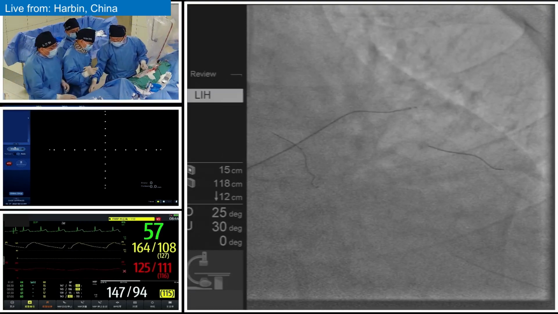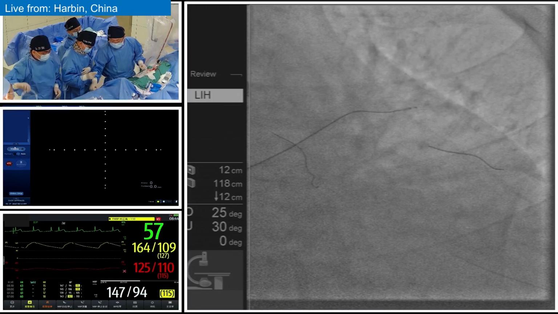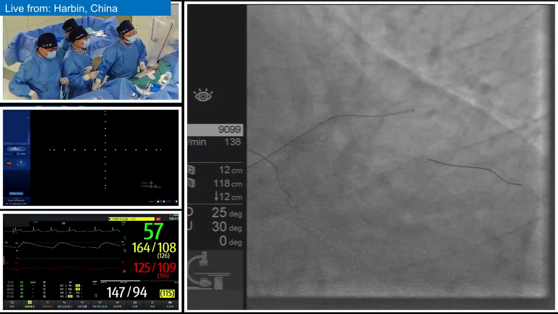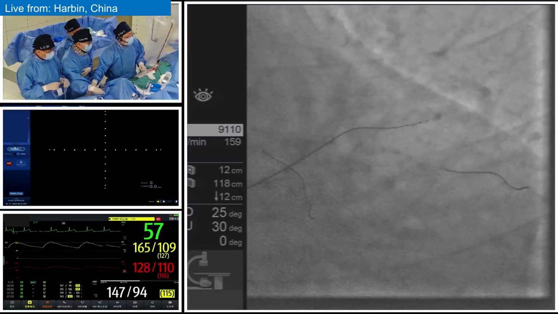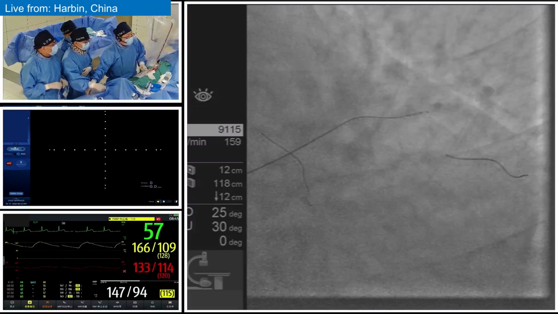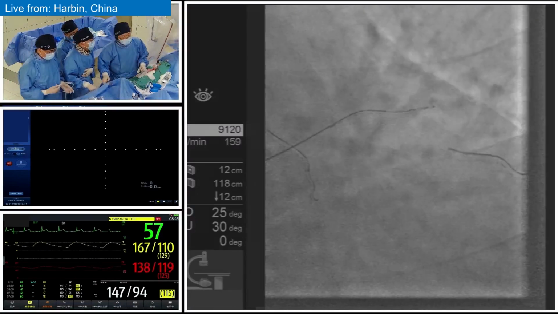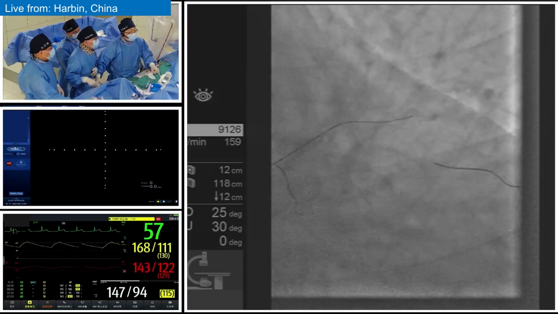And we should enlarge the picture. So Professor Lee, do you think the calcification within the CTO segment is an issue for this puncture difficulty?